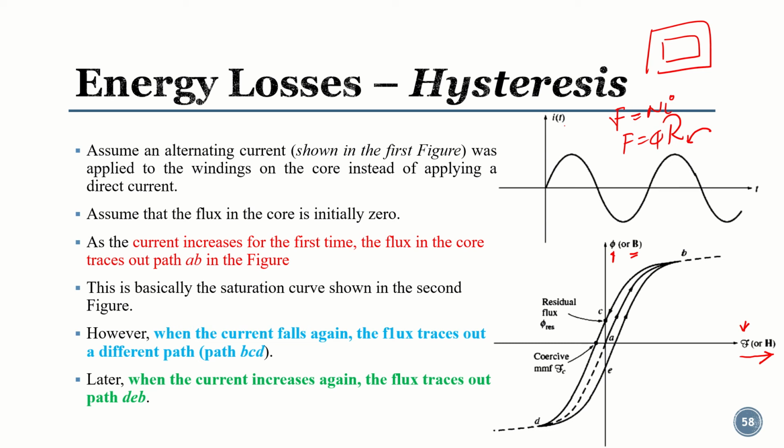So when we apply the input current, and if we are increasing the magnetomotive force, then the generated flux will follow this path. Let's say initially it's 0, it will go like this and it will reach this point B. Now what is actually happening inside the material?